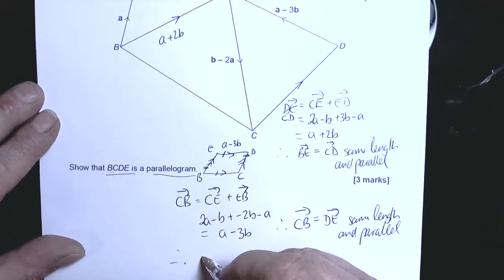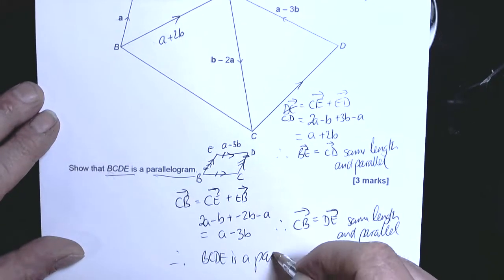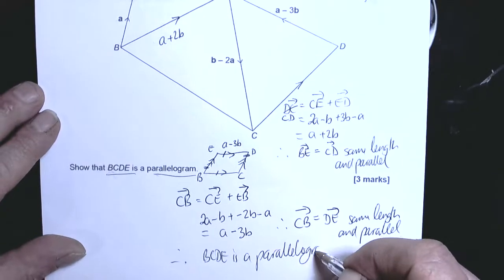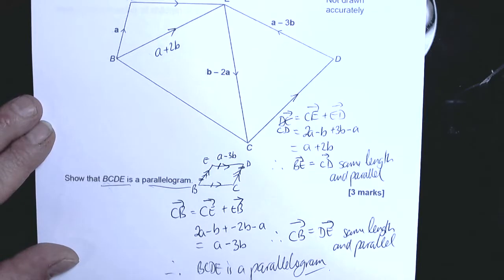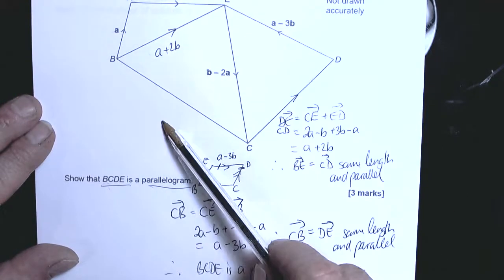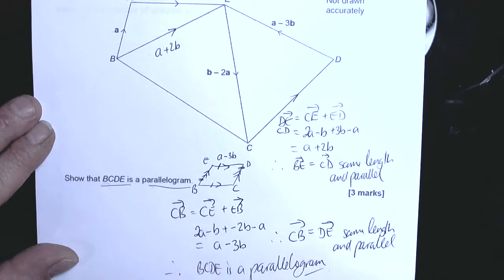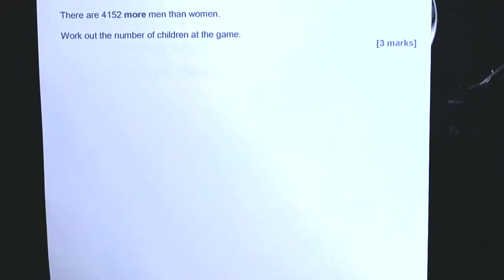Therefore, BCDE is a parallelogram. Okay, so we showed that the opposite lengths are the same and parallel. We showed that these two sides are the same and parallel, same vectors, therefore it must be a parallelogram. Okay, so that was that one.